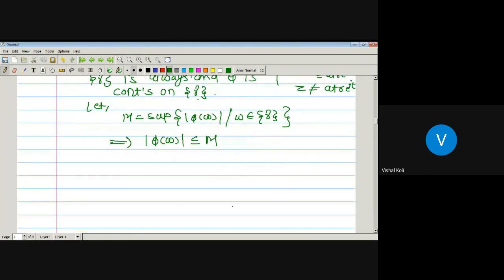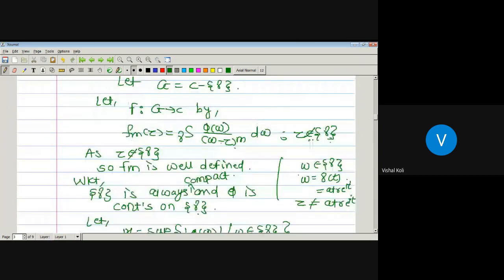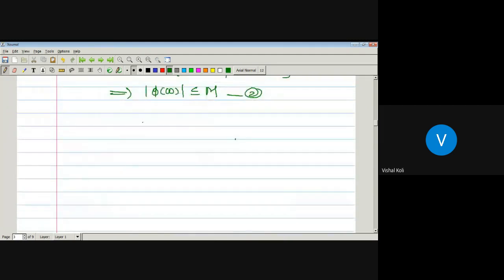Let us consider this one as equation number 2, and the above equation is equation number 1. Now we have to prove that Fm is analytic on G, that is C minus trace of gamma.